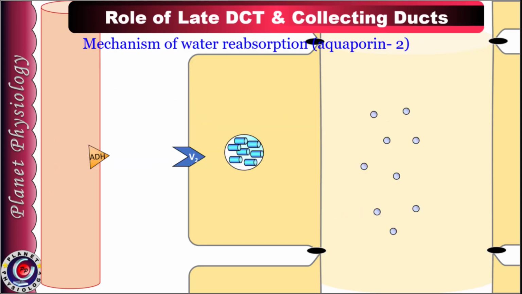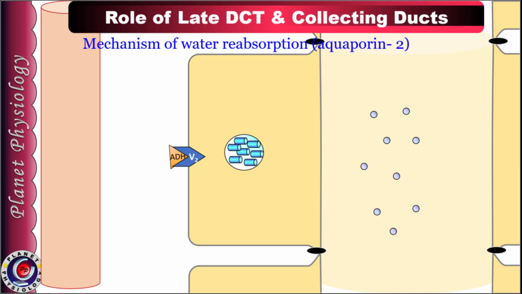Now let us study water reabsorption by principal cells. Normally, these are not permeable to water, but they become permeable in the presence of antidiuretic hormone. These cells store aquaporin 2 water channels in vesicles. When ADH is released from the posterior pituitary, it binds with V2 receptors on the basolateral surface of the epithelial cells and activates adenyl cyclase.